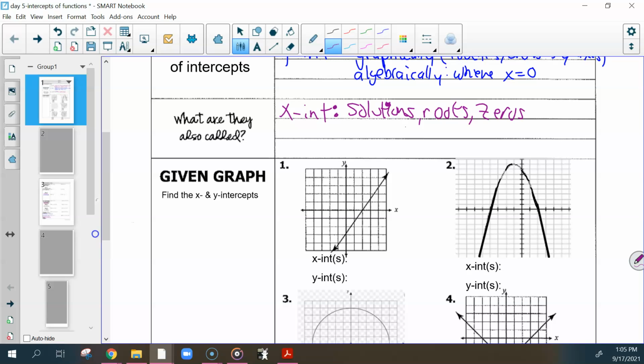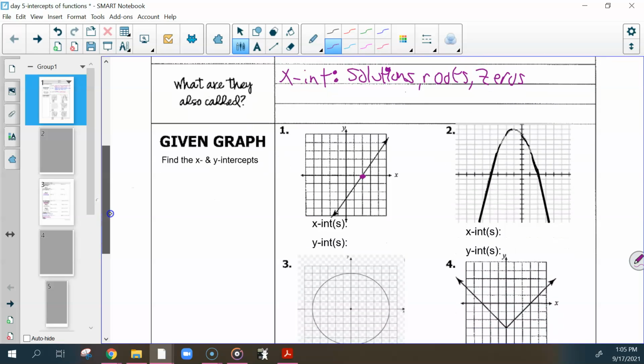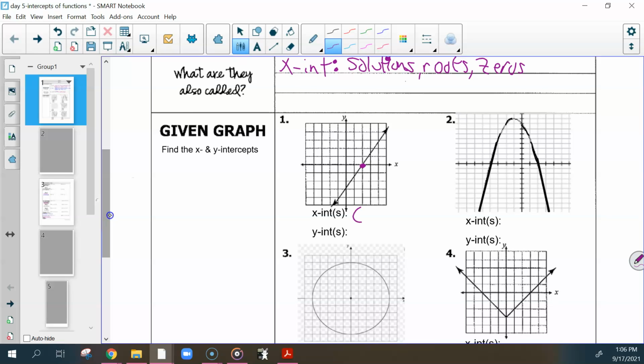Yeah, at 2. So list that as an ordered pair, 2, 0. X is at 2, the y is 0. Our y-intercept would be at 0, negative 3.